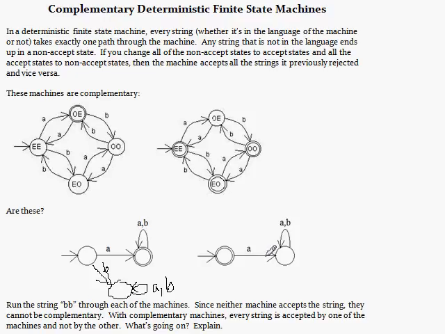In order for this machine to have been a complement of this one, what would have happened to that trap state? It would have become an accept state. And so this would be the complementary machine to that first one, where the trap state is now an accept state along with that initial state.